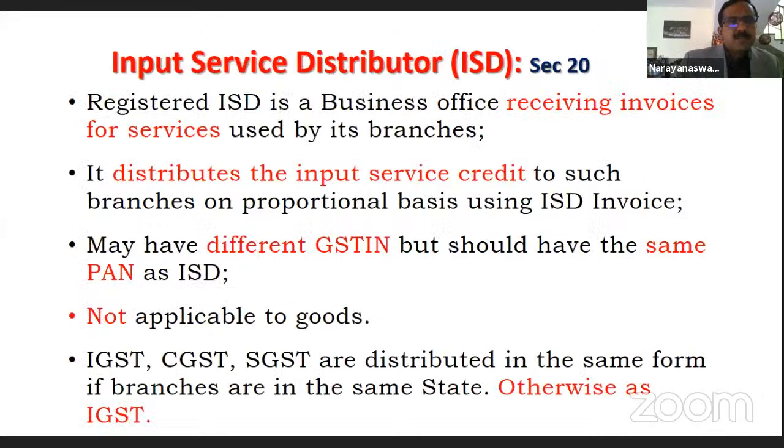There is another concept called input service distributor. Input service distributor was a concept which was there in service tax, which has been brought forward in the GST. Here what happens is, there are a lot of multinational companies and many companies with multi-locational offices that have common services they avail. For example, on a product, I get a design and I pay for that design.